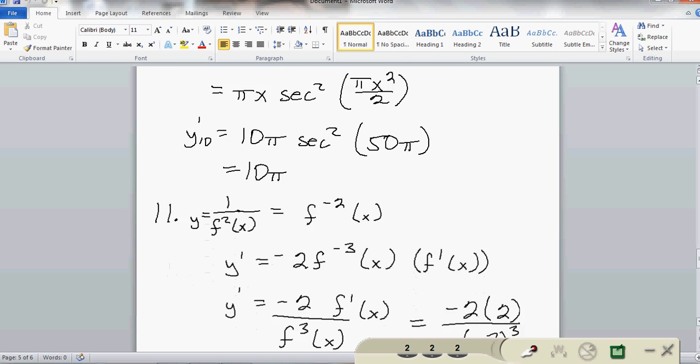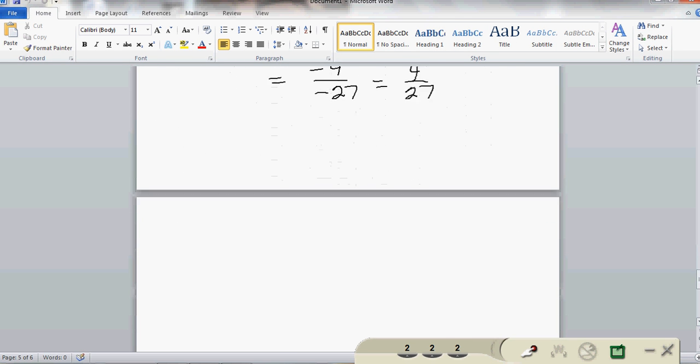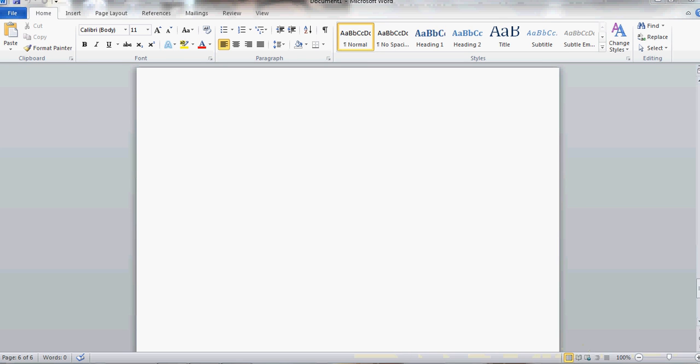Number 12. Let's see how that goes. It's 1 over g squared of x. Well, the first thing we have to do is rewrite this into a user-friendly form, which is g to the negative 2 of x. Now we can take the derivative.